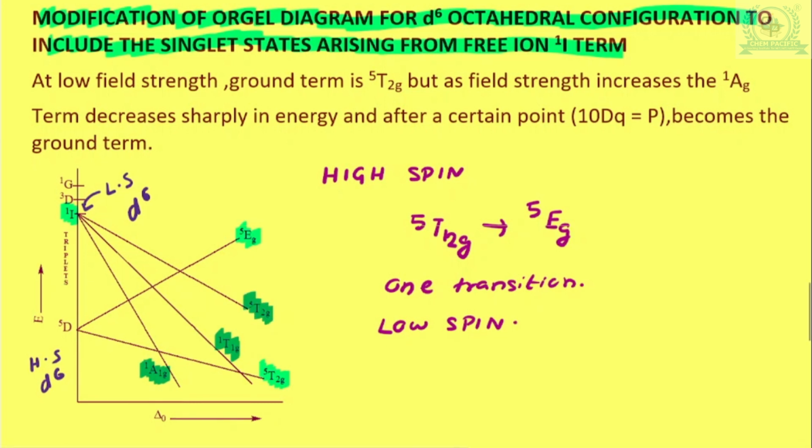Okay, so what will this turn out to be for the low spin? Where does the transition always happen from? From the ground state A1g, the transition will go to the next excited level, this 1T1g, and also from A1g to the next excited level, this 1T2g. Okay, so it will result in two transitions.